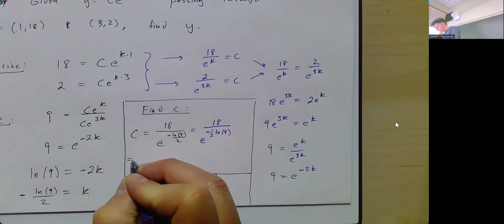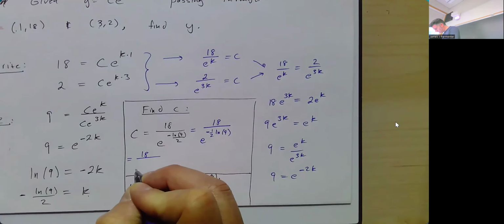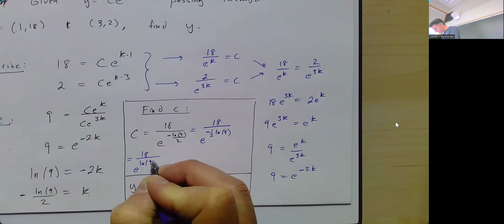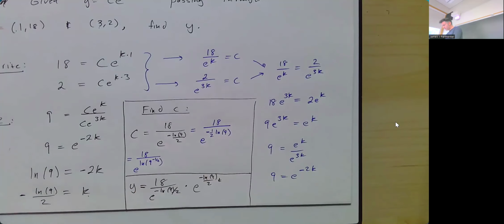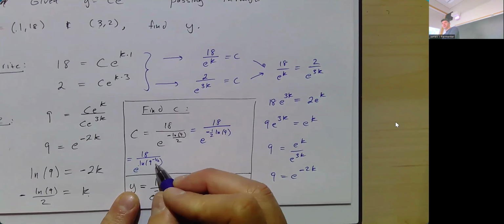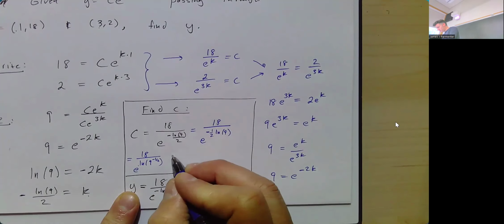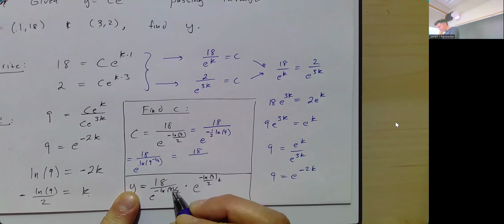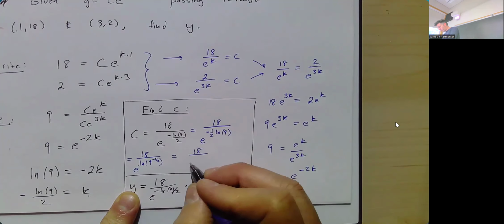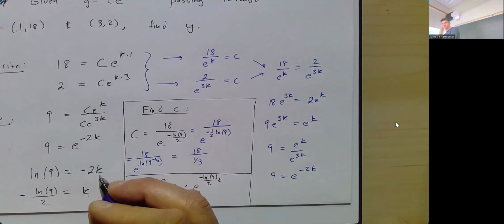You can write this as 18 over e to the natural log of 9 to the negative 1/2. What's 9 to the negative 1/2 power? You're right. So e to the natural log of some stuff is just the stuff. So this is really 18 divided by e to the natural log of 1/3, which is 1/3, which ends up being 54.